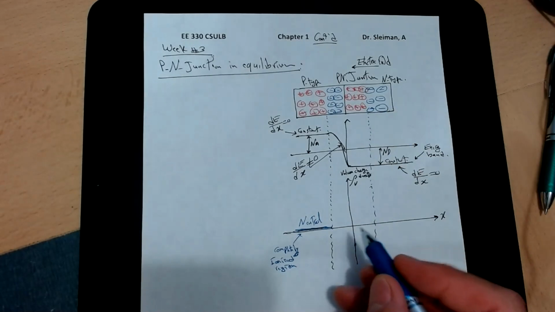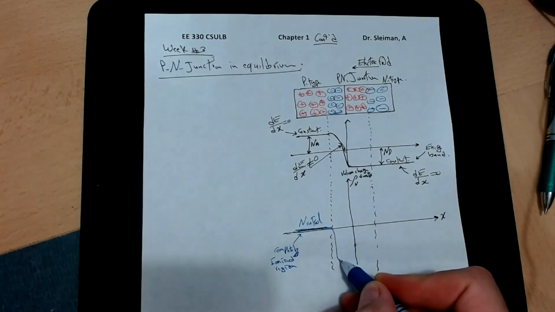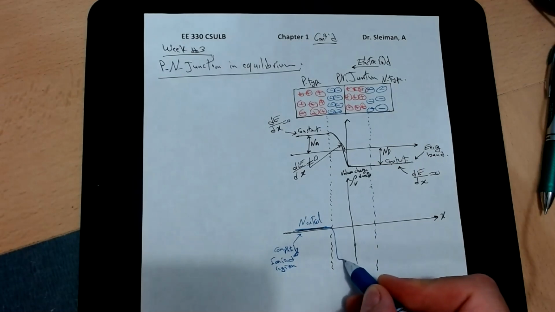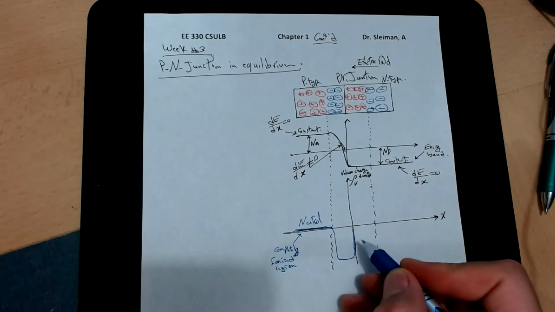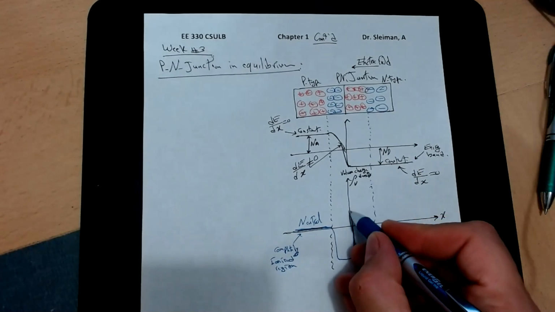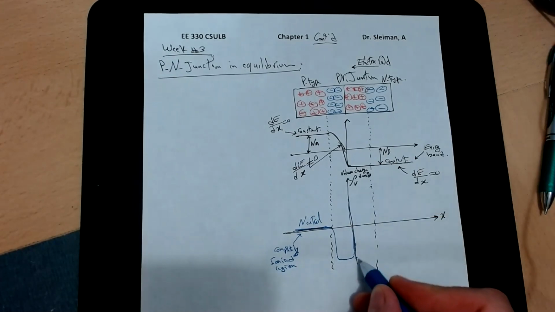It will go down in this manner, and at a certain point gets constant and will be close to 0. At this minimum point, it's the negative charge with the doping concentration on the p-type, NA.